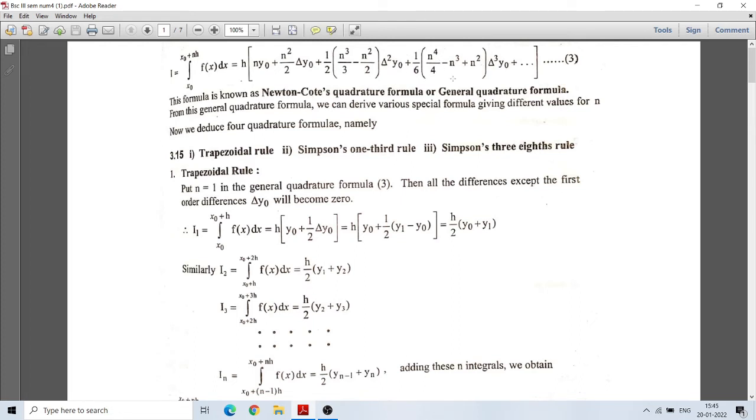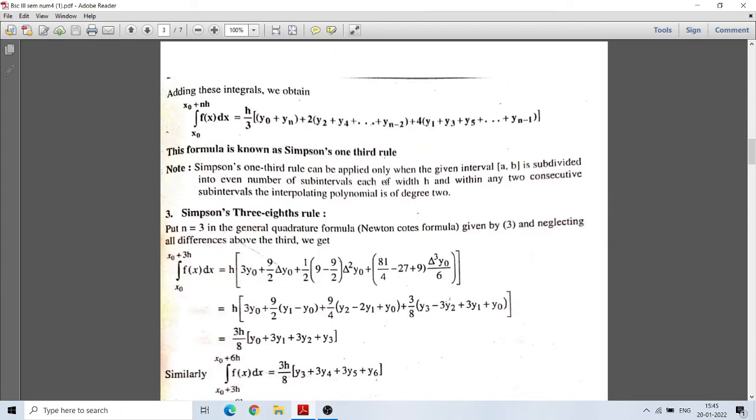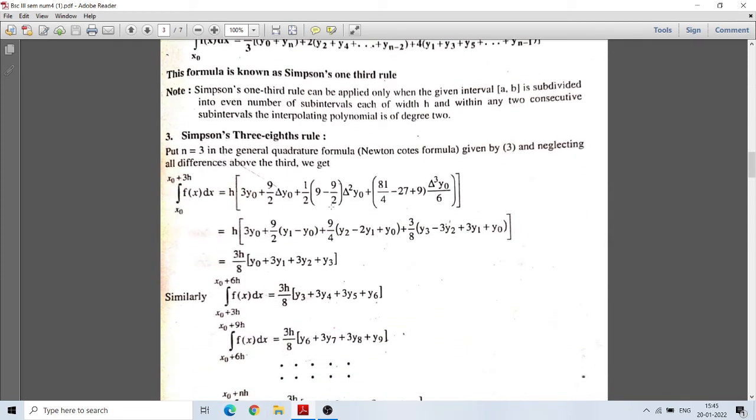Like this, simplification will get. Then 3h by 8, y3 plus 3y4 plus 3y5 plus y6.